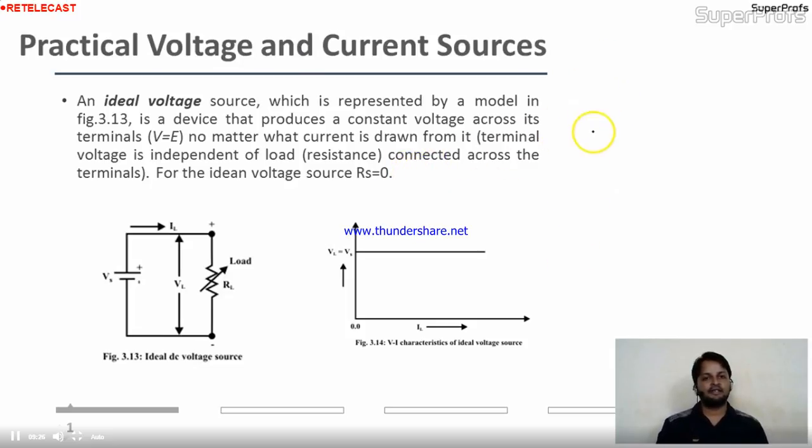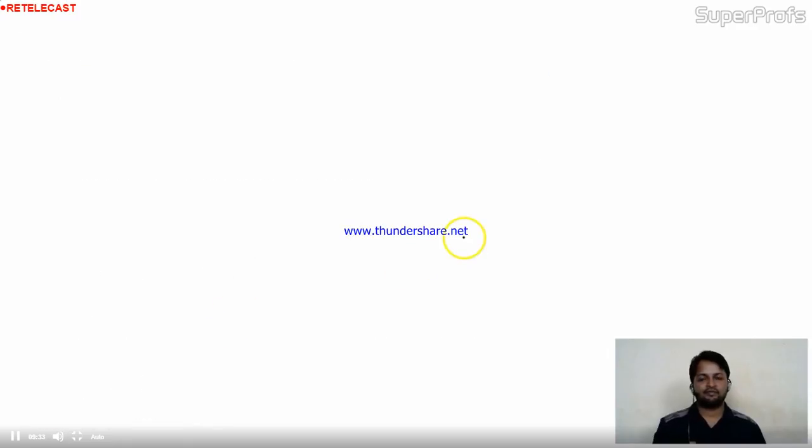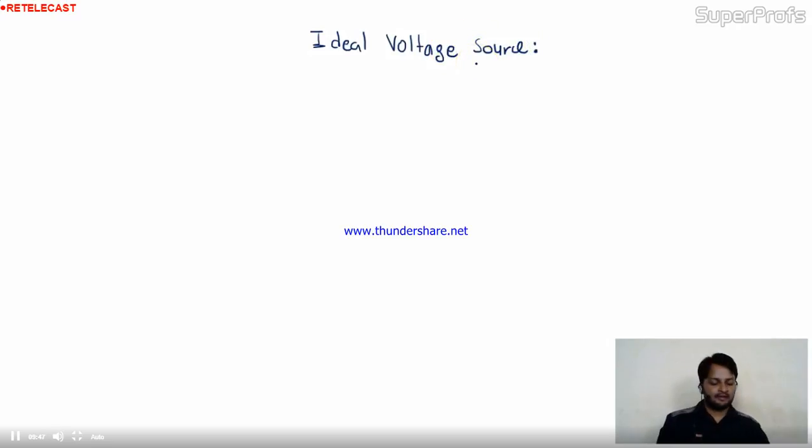See friends, the ideal voltage source, I'll take a white page for this. Okay. Friends, if you are having an independent battery, having some voltage, take V. This is the battery you have.